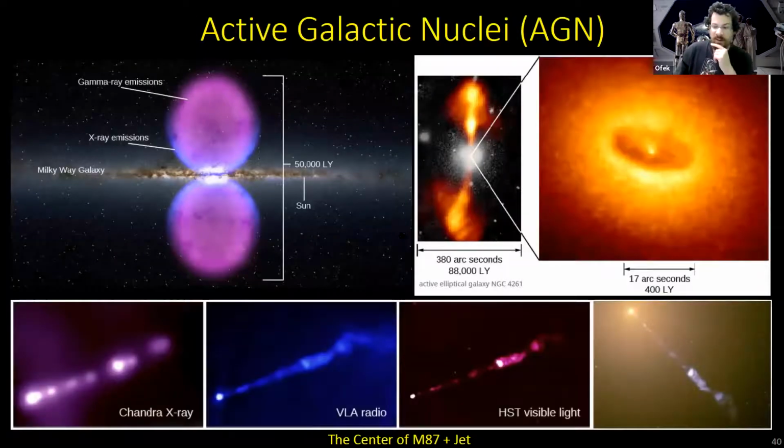We see this again at M87. We see the center, the AGN, and we see in various types of telescopes, the jet coming out of the center, flowing outwards and emitting a lot of energy, radiation, and matter, very, very fast, very hot, basically into intergalactic space.